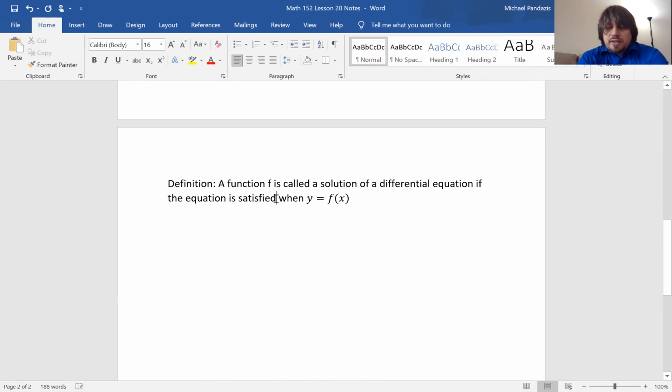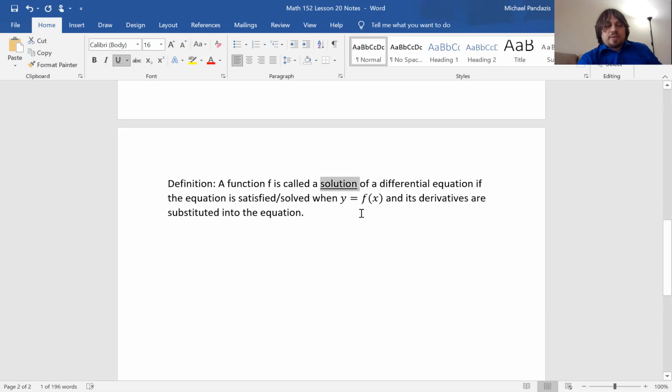So satisfied slash solved when y equals f of x and its derivatives are substituted into the equation. Okay, so that's the definition of a solution of a differential equation.